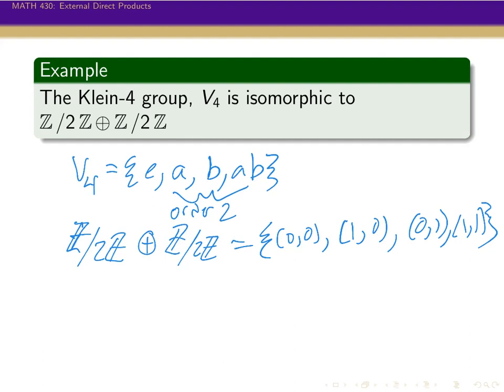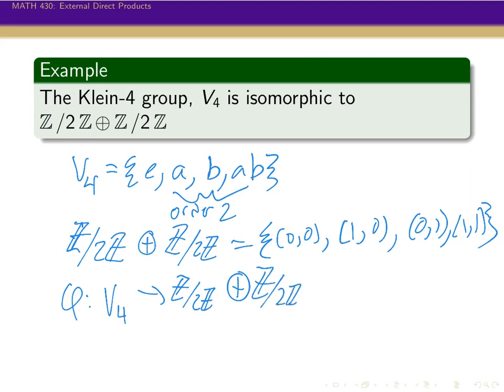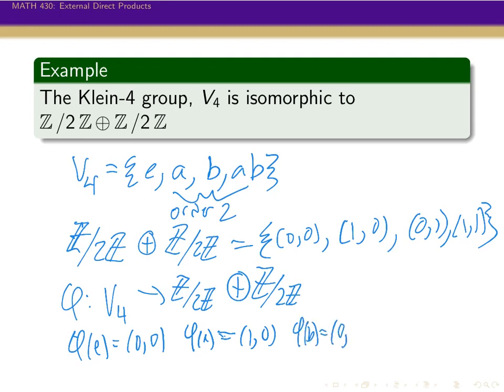And so the quick isomorphism between these, from V4 to Z mod 2Z ⊕ Z mod 2Z, is going to be: phi of the identity goes to (0, 0). We can have phi of A go to (1, 0). Phi of B goes to (0, 1).